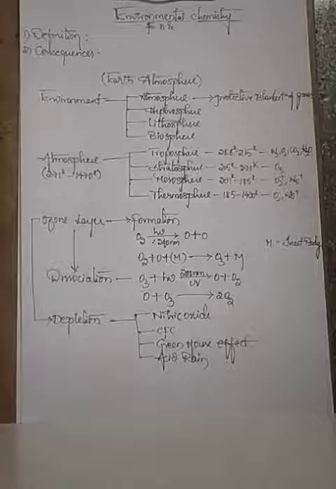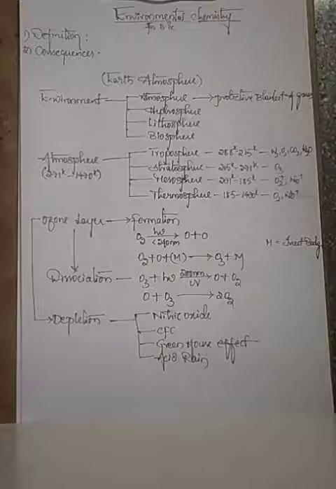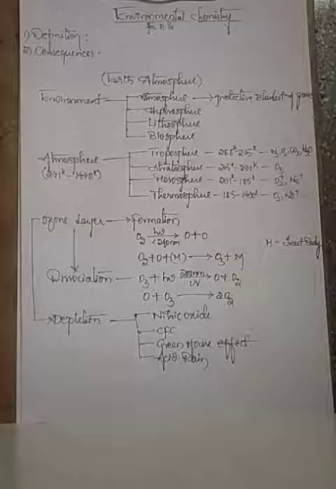So finally, how can you conclude? The depletion of the ozone layer is due to the increased flux of harmful UV radiation into the Earth's atmosphere. That means when the entry of harmful UV radiation into the Earth's atmosphere increases, the depletion of the ozone layer increases. When the entry of harmful UV radiation decreases, the ozone layer depletion will be reduced.